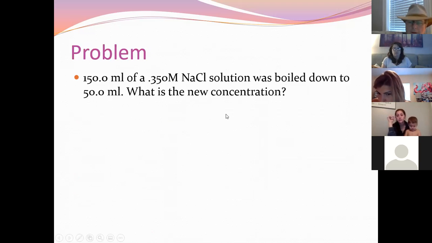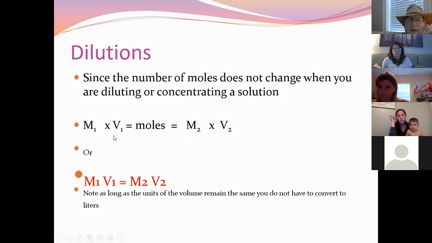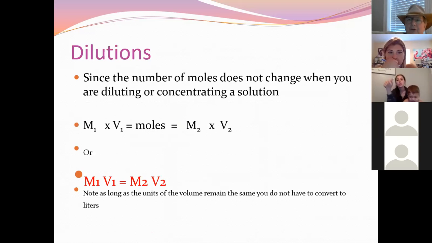Now, as I increase the volume, what happens to the concentration? As I'm putting more and more water in there, is it going up or is it going down? Going down, becomes more dilute. So what you have to understand: if my concentration goes up, my volume goes down.